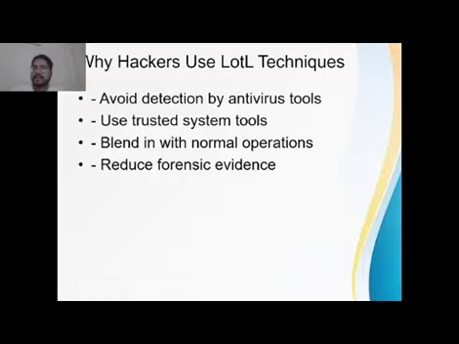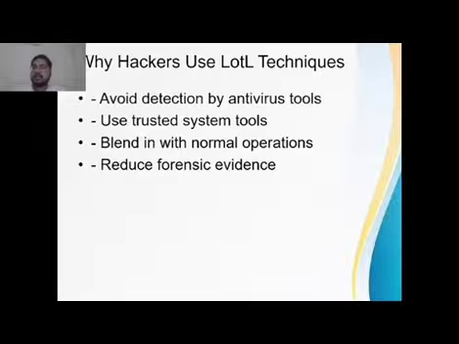Traditional antivirus and firewalls are designed to catch suspicious files or traffic. LotL attackers bypass this by using trusted tools that are already part of your OS, like PowerShell or Task Scheduler. No new software, no red flag, just misuse of everyday tools.